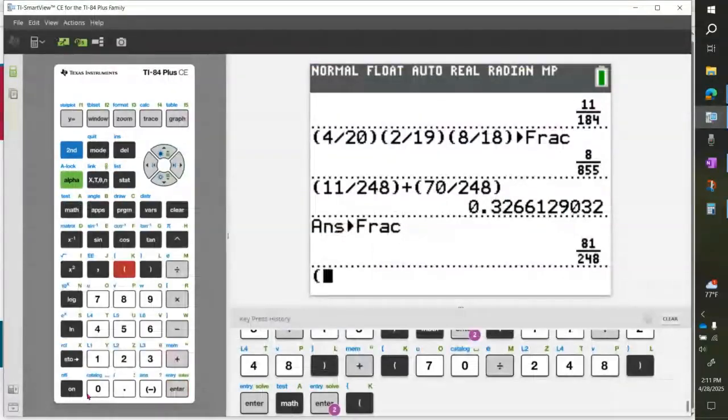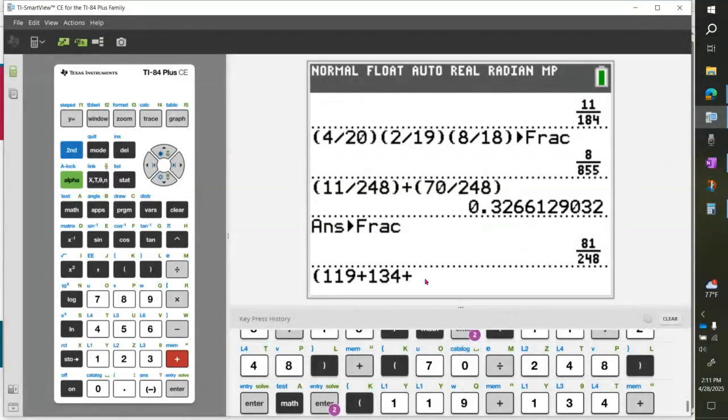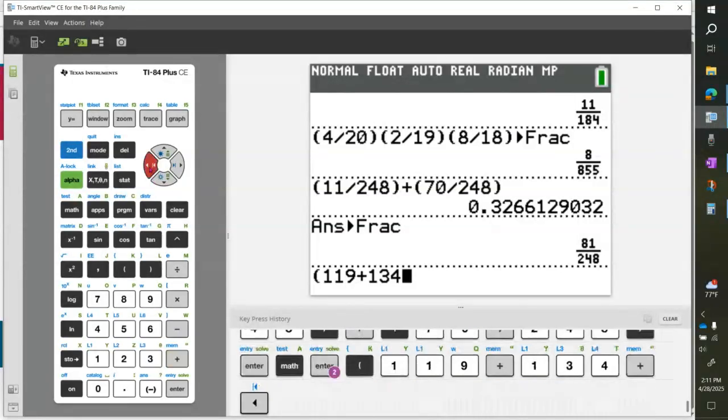119 plus 134 plus minus. So if you enter something wrong, what you do is you go back. You see the blinker is blinking at the sign, right? It's supposed to be negative.